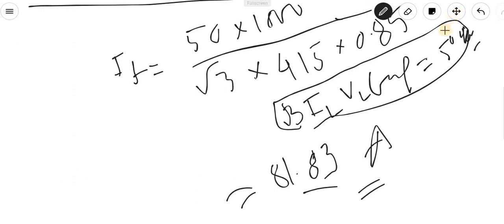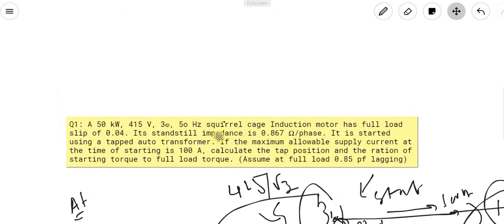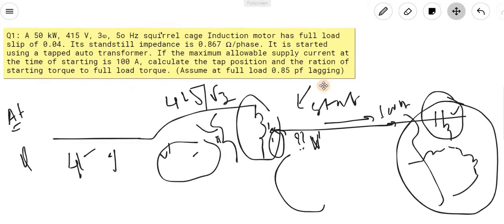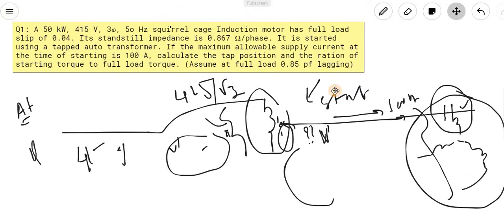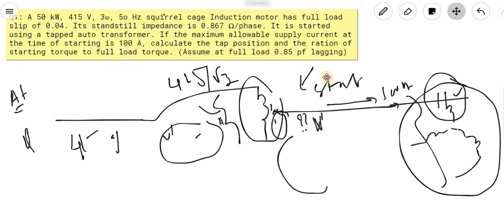For this, one condition is given, the boundary condition: its standstill impedance is 0.867 ohm per phase. Per phase voltage is this much.